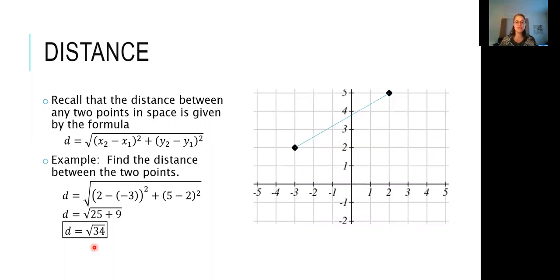Now think back to our definition of a circle. The definition of a circle is the set of points, the collection of points, that all have the same distance from some center point. So if we were to put our center point right here, this -3, 2 would not move.